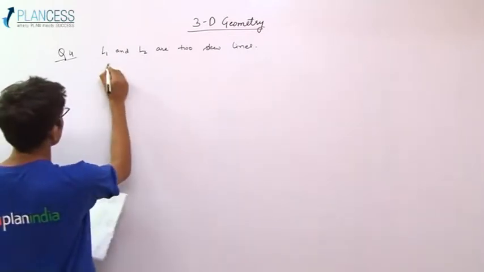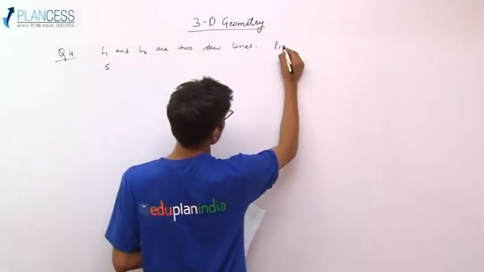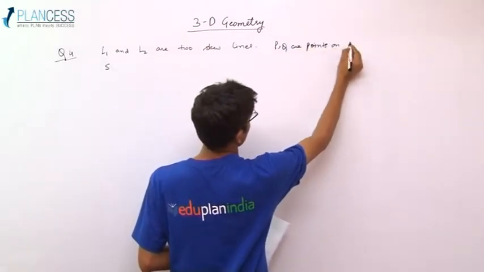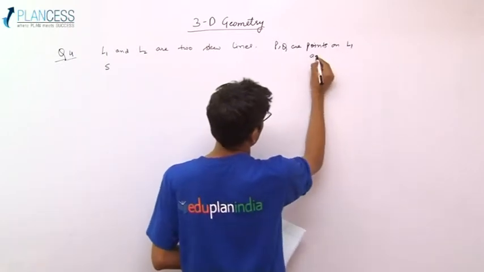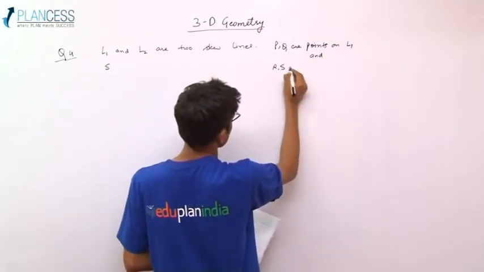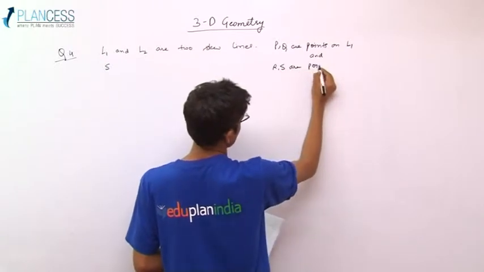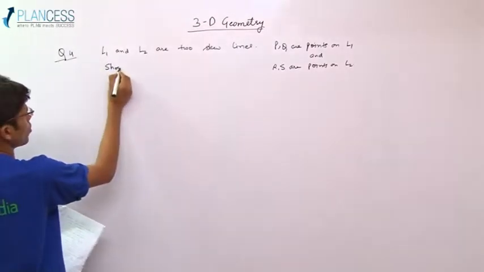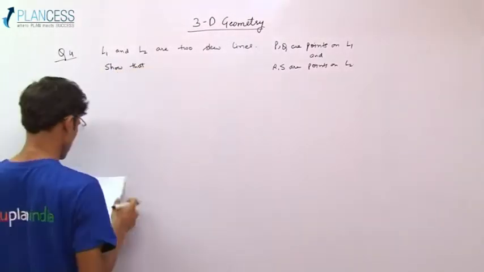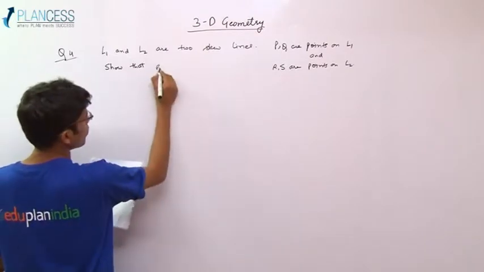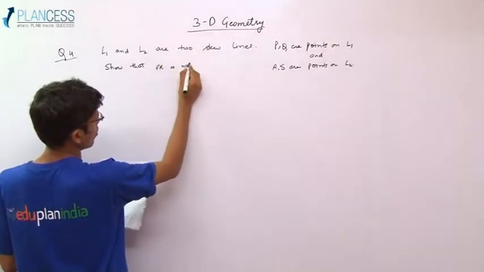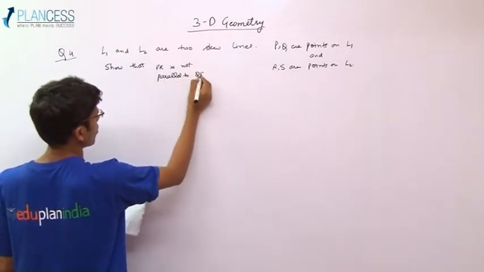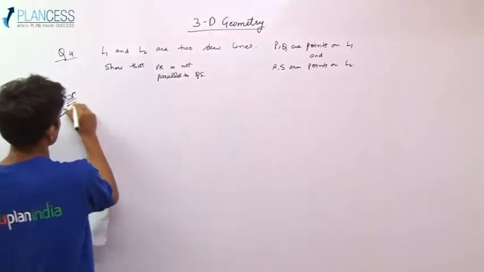P and Q are points on L1 and R and S are points on L2. Show that PR is not parallel to QS.